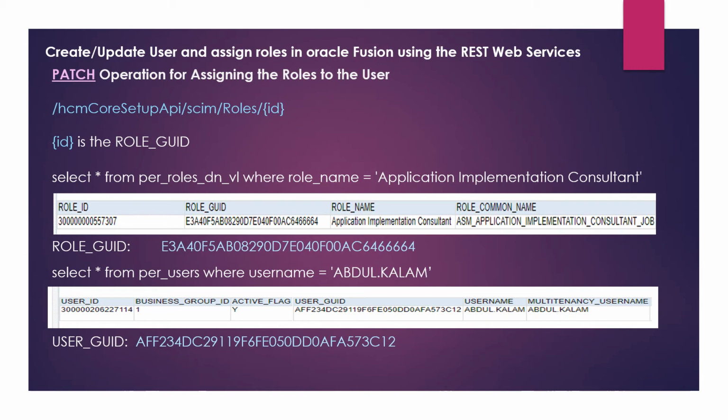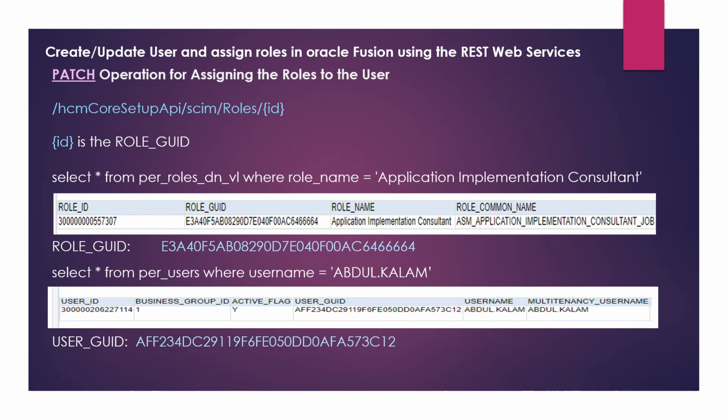To assign roles we need two things: a role GUID and a user GUID. You can get the role GUID from the table per roles underscore DN underscore VL, where you can select whatever role you are going to assign to that specific user, and you can get the user GUID from the per users table.